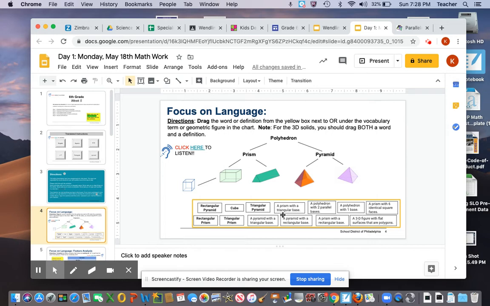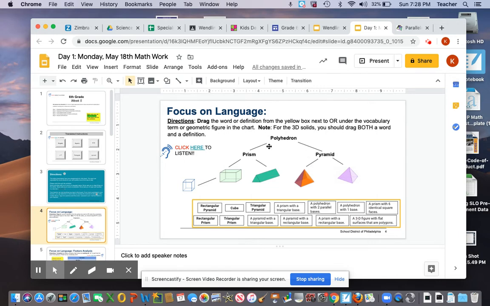It says a prism with a triangular base, a polyhedron with 2 parallel bases, a polyhedron with 1 base, a prism with 6 identical square faces, a pyramid with a triangular base, a pyramid with a rectangular base, a prism with a rectangular base, a 3D figure with flat surfaces that are polygons.